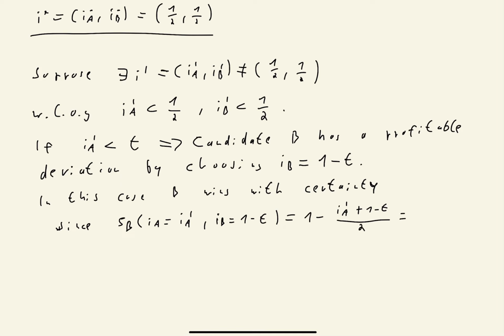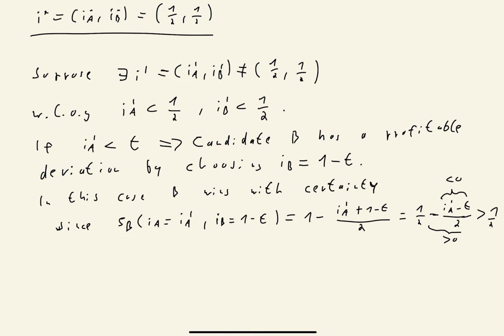And this is equal to 1/2 minus (IA prime minus t) divided by 2. And since this term here is strictly negative because t is larger than IA prime, this term here will be strictly positive, and hence the whole term is strictly larger than 1/2.